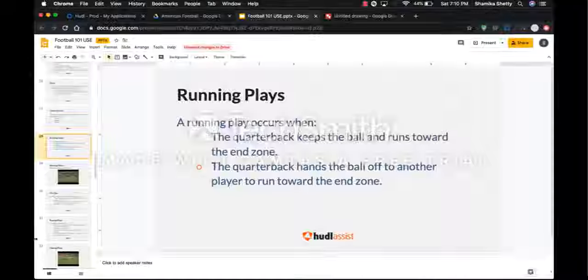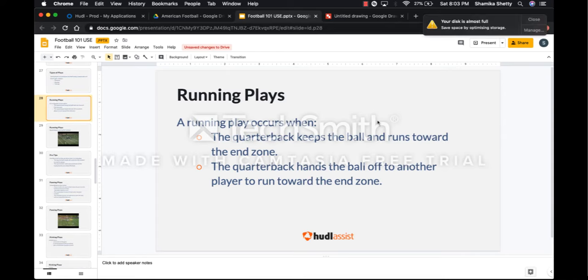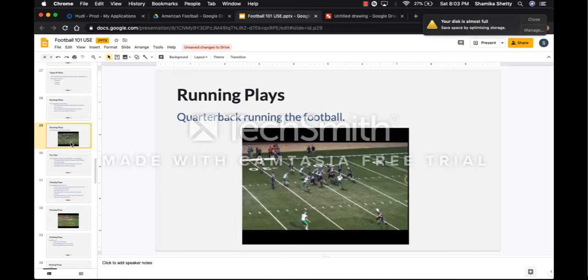There are 2 ways. Either the quarterback only catches the ball and he'll run across the field, or else underarm he will hand over the ball to another player, which is also known as run play. There are some videos of run play that you can watch on the PPT, or also you can check out YouTube for a couple of videos.